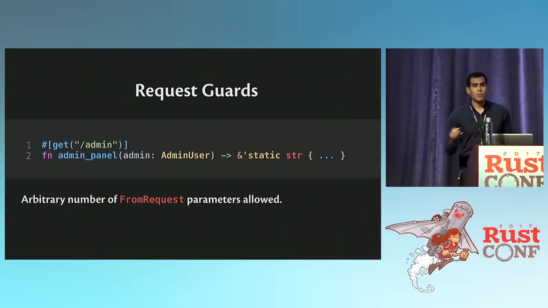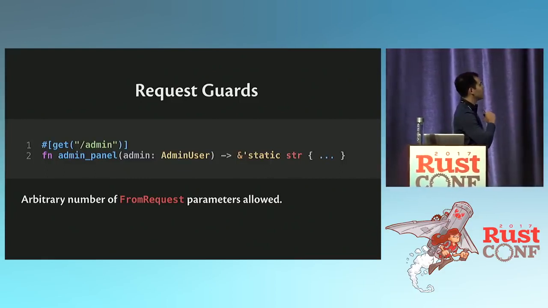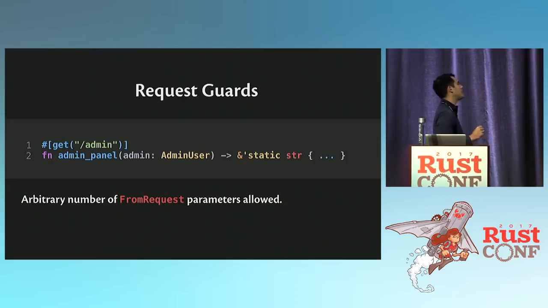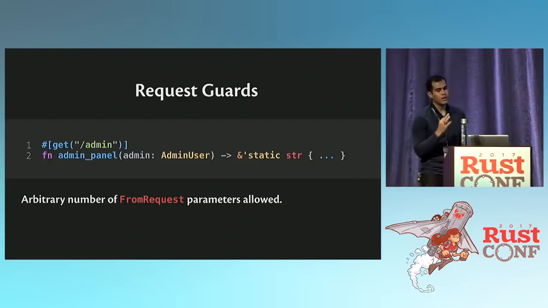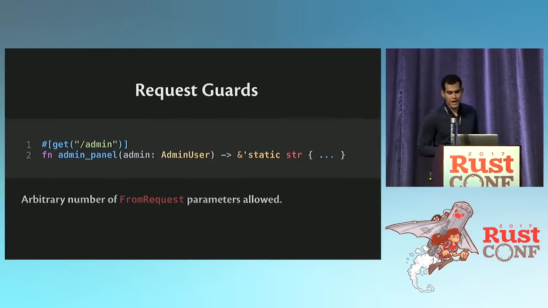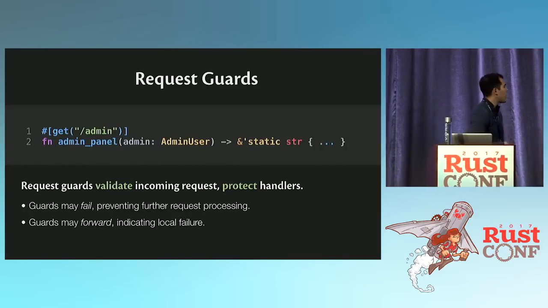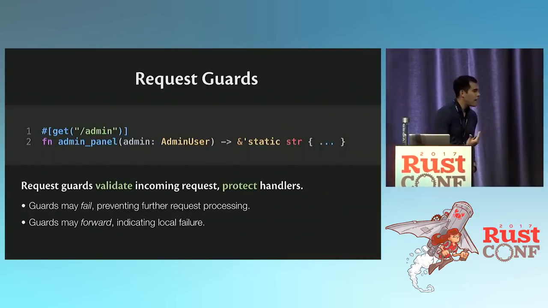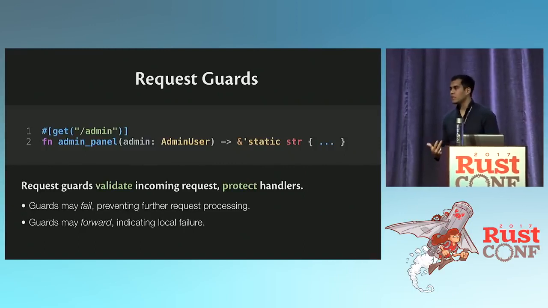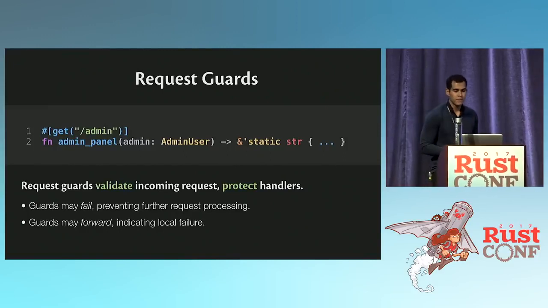So in a route, you can list any number of parameters in the handler that implement the trait FromRequest. Here we have one, and it's AdminUser. So we have some type AdminUser, and what the AdminUser type does is it implements this FromRequest trait, and the trait will verify that the request actually contains an admin user, and it'll convert whatever it needs to give you a type that says, yep, there's an admin user here.